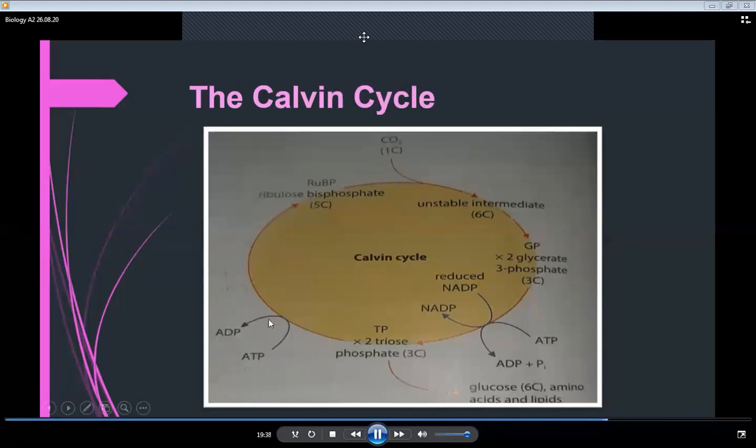And for this process, once again, energy is required, and that comes from the hydrolysis of ATP into ADP and inorganic phosphate. Okay, so about 5/6 of triose phosphate is used to regenerate ribulose bisphosphate.